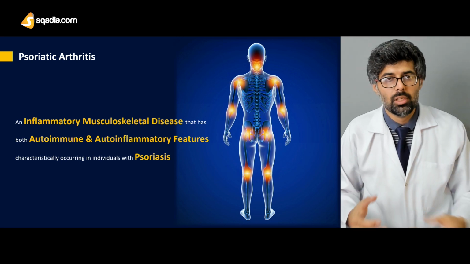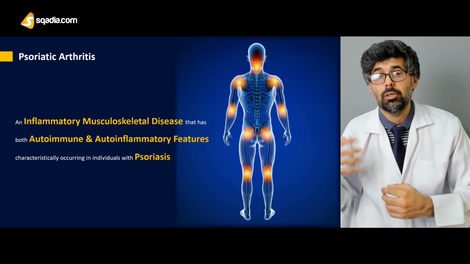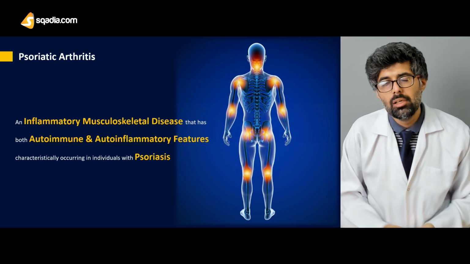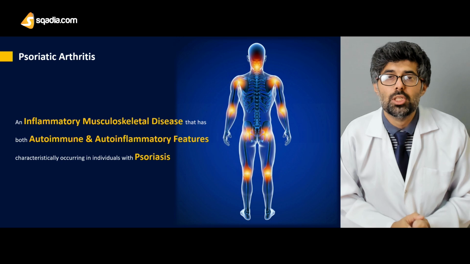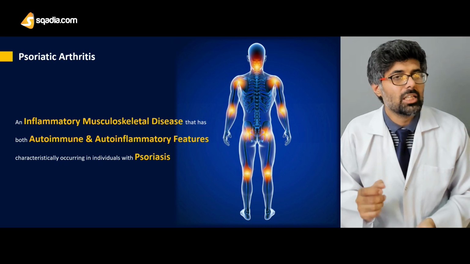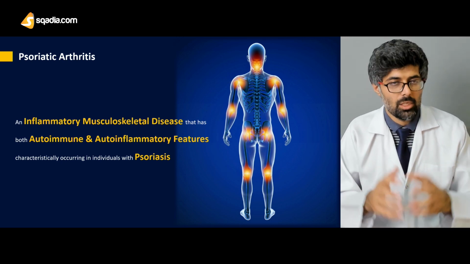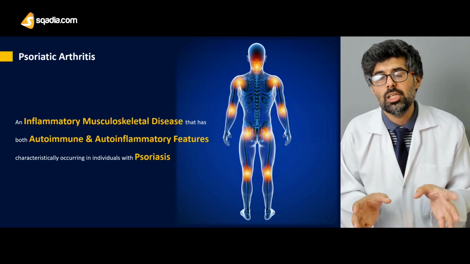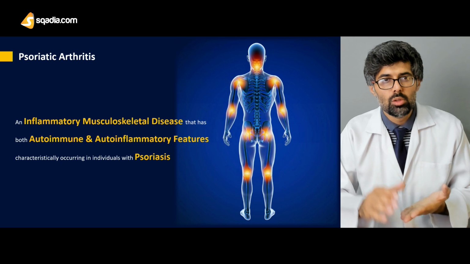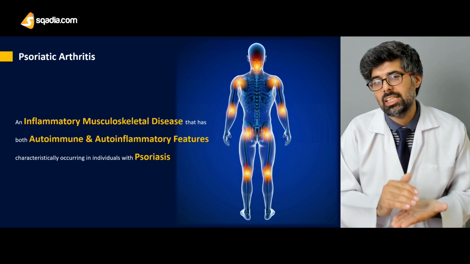Like in enteropathic, there's association with inflammatory bowel disease, and in psoriatic arthritis, there is association with the psoriasis of the patient. Psoriasis is a skin condition where, in a localized form, the patient suffers from skin lesions which have whitish fish-like scales.